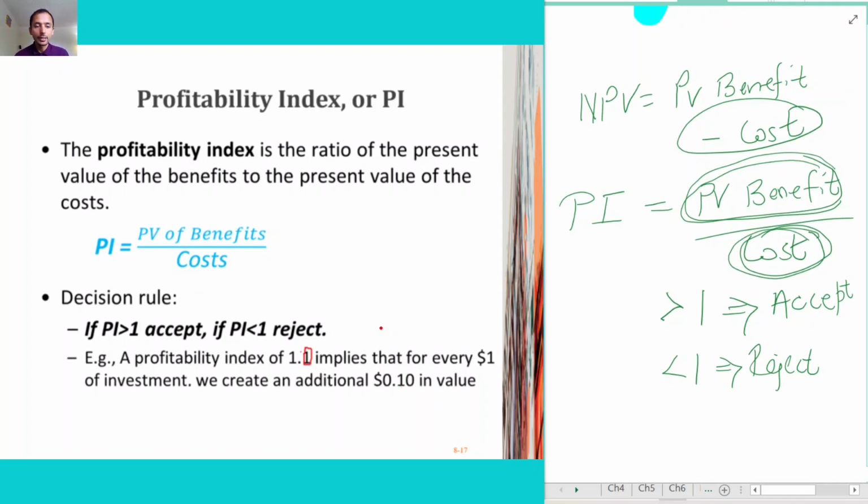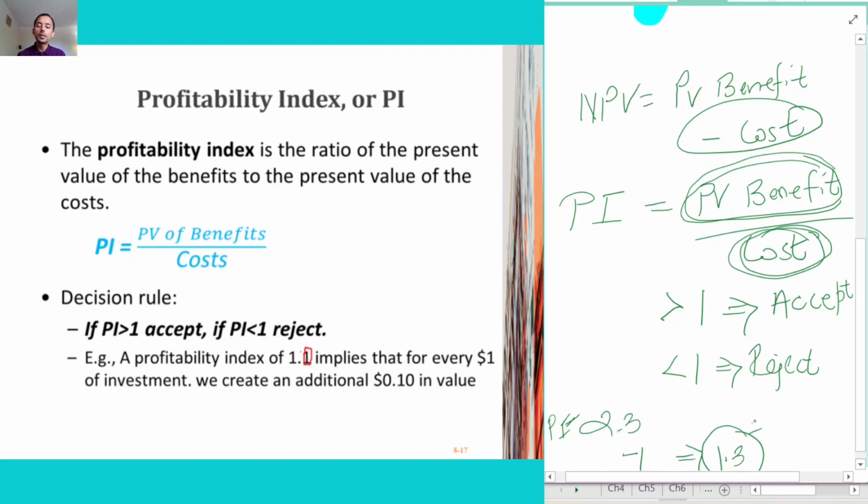Got it? Any number in excess of 1 is the percentage added to the value of the firm. For example, let's say we found the profitability index to be 2.3. What does this mean? You subtract 1, that's 1.3. So you would say 130% was the value added to the firm.